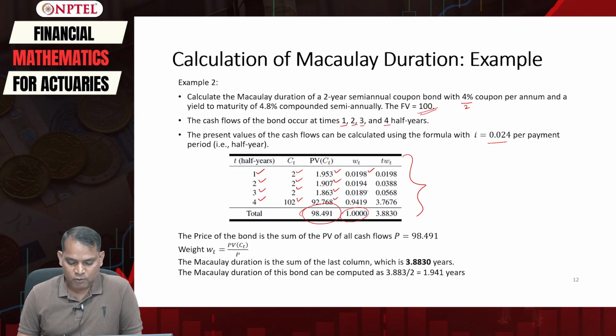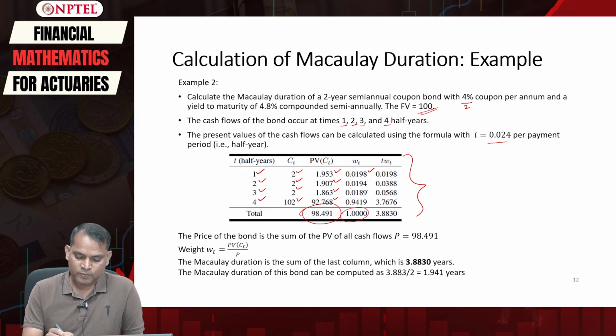Once you get this, we will now multiply this w_t with the t, that is the number of half year you have.